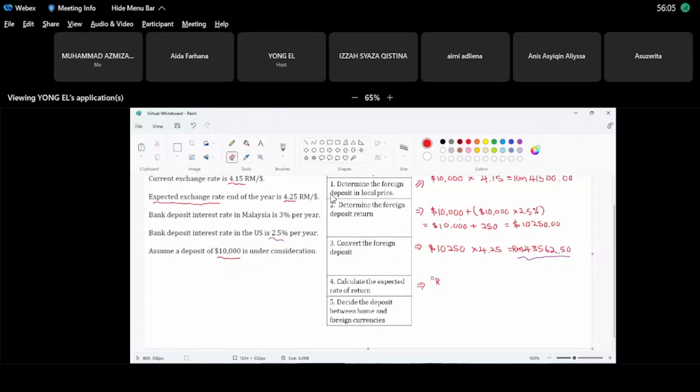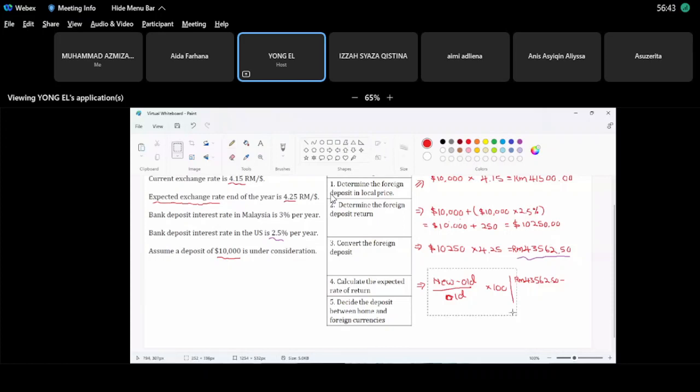I can just write you here: new minus O divided by O times 100. This is the formula to calculate the rate of return. Okay. For example, if I plug this value inside here, 43,562.50 minus, okay, not enough space.